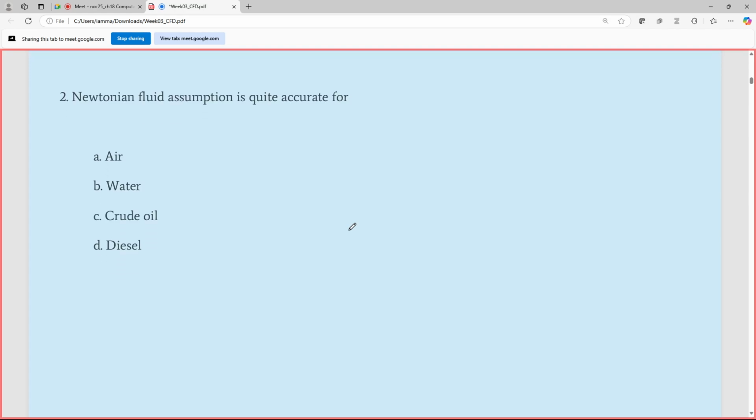Next question. Newtonian fluid assumption is quite accurate for which of the following? Options are: option A, air; option B, water; option C, crude oil; option D, diesel.